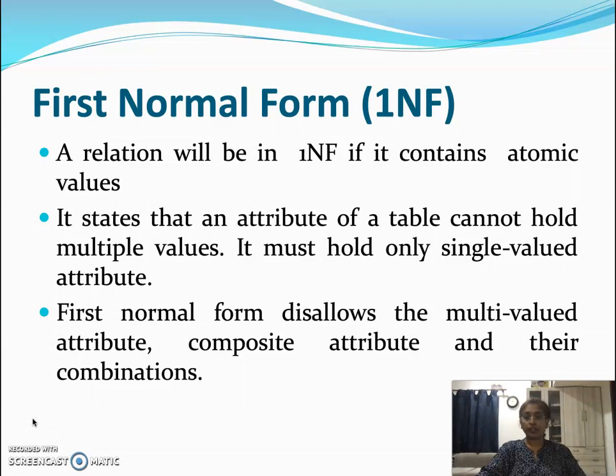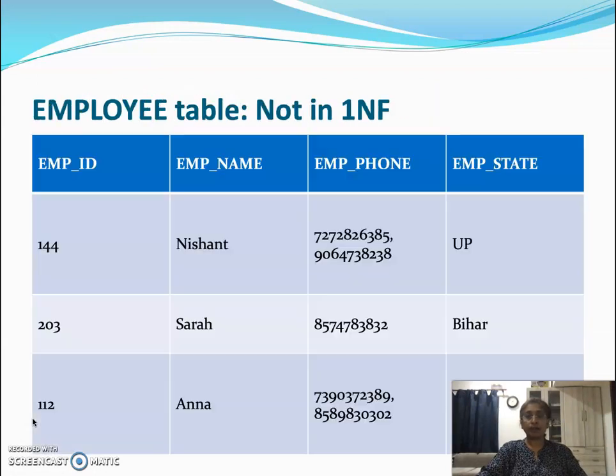Let me explain this with an example. This is an employee table which is not in 1NF. Let's see the rules. According to the rules, EMP ID, EMP name, EMP phone and EMP state are the various columns which have different names.